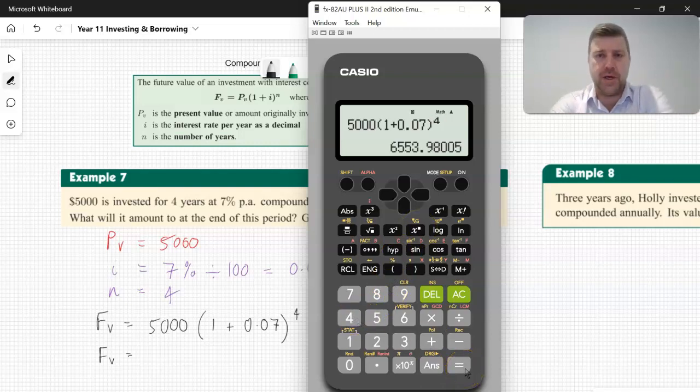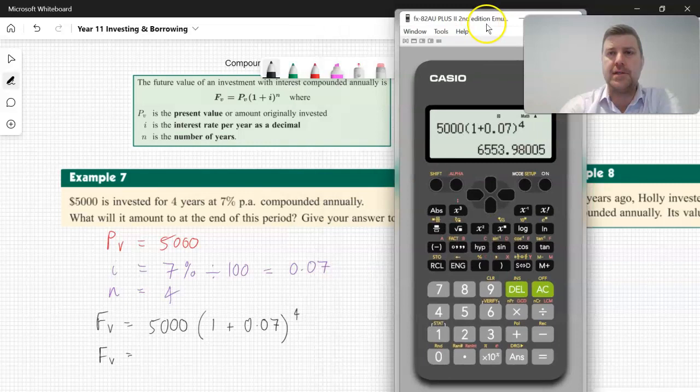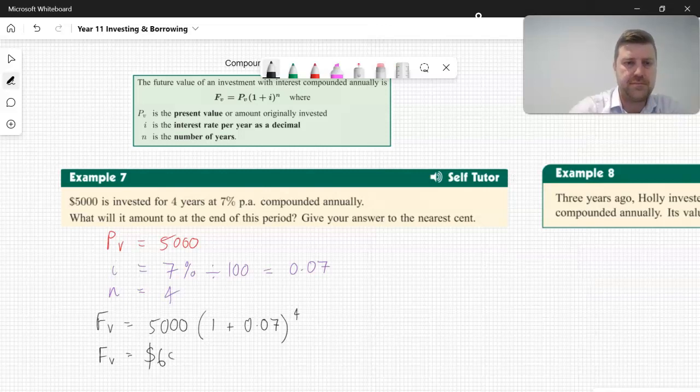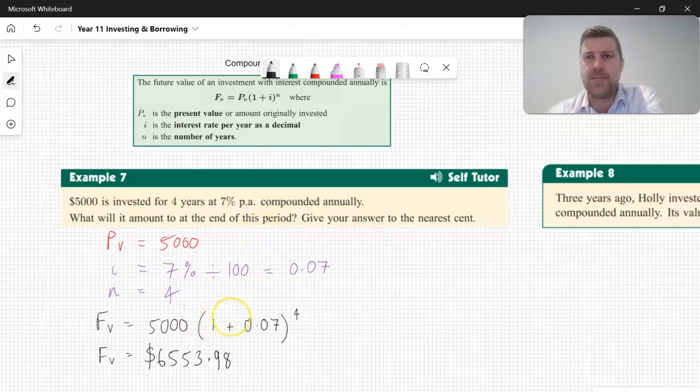So at the end of 4 years, your investment will be worth $6,553, and to the nearest cent, 98 cents. So $6,553.98. And it really is as easy as that.